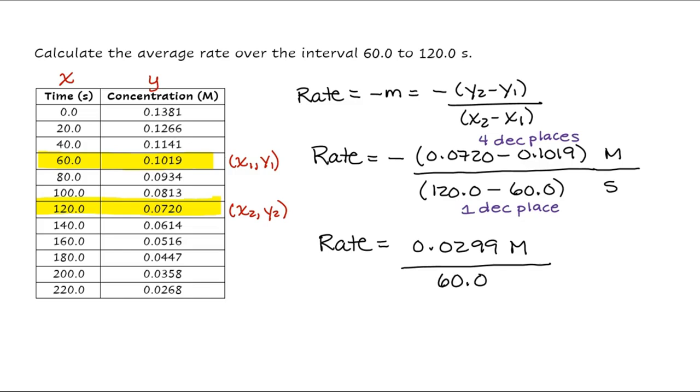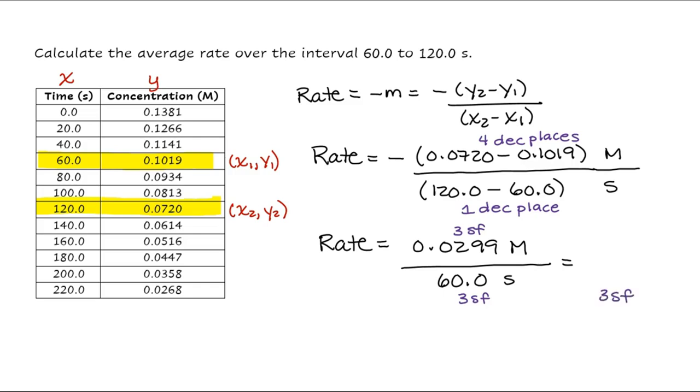So now, because we're going to do division, we want to count the sig figs that we have based on the subtraction. So in the numerator, we have 3 sig figs. In the denominator, we also have 3 sig figs. So that means that our final result, after we do the division, will be rounded to 3 sig figs.